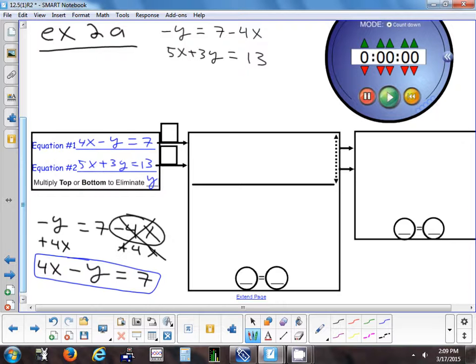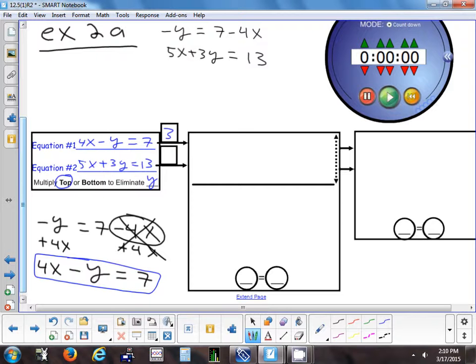Are we going to multiply the top or the bottom? Top. Okay, multiply the top. What could we multiply the top by to cancel out the y's? Anybody think they see? Yeah, Brian? 3, great.